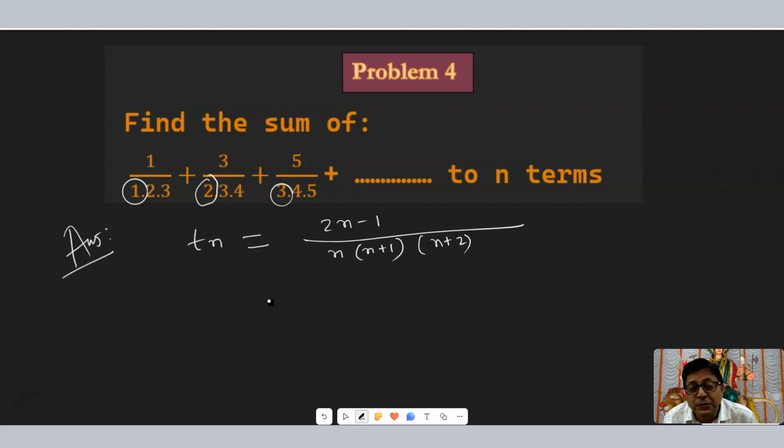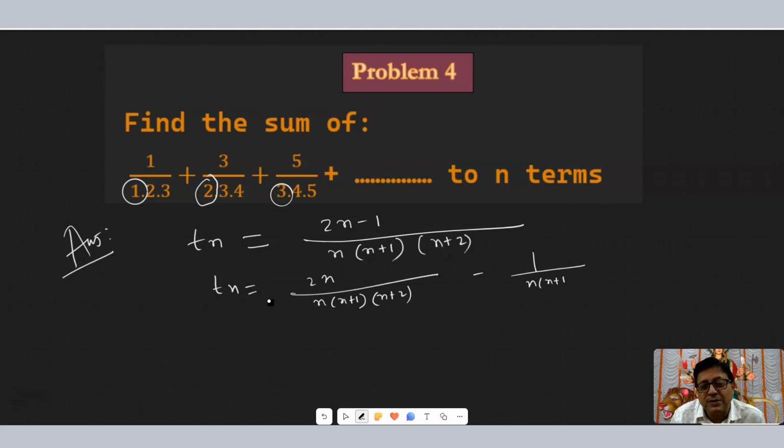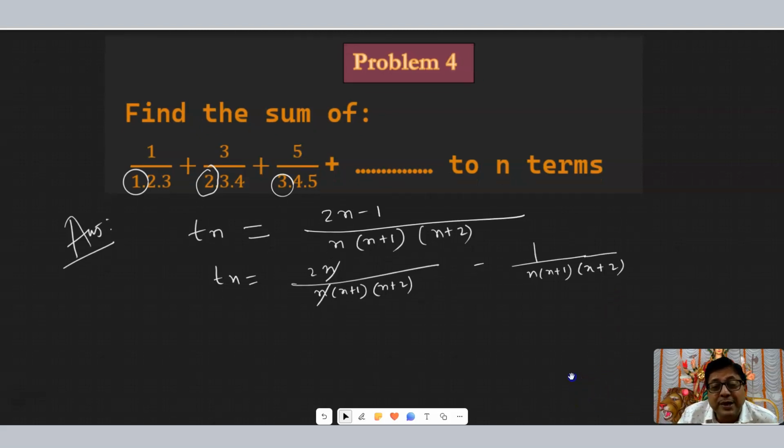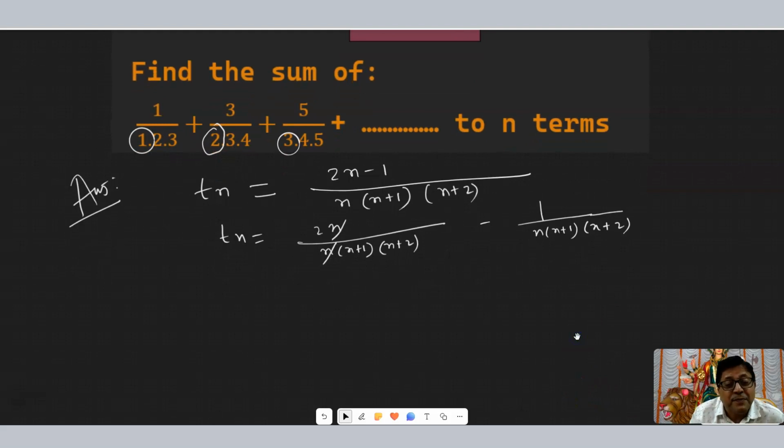So what we are going to do there, we rewrite Tn as 2n by n, n plus 1, n plus 2 minus 1 by n, n plus 1, n plus 2. I think all of you have understood. N getting cancelled. Here 2 by n plus 1, n plus 2 is going to be telescoping, just like the previous sum. Okay? So you write Sn.